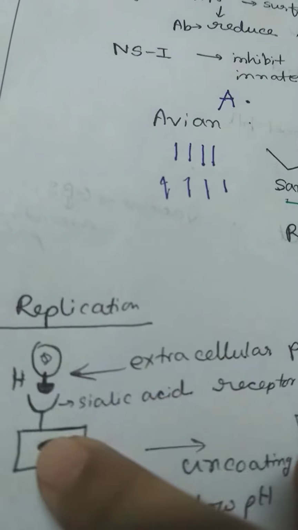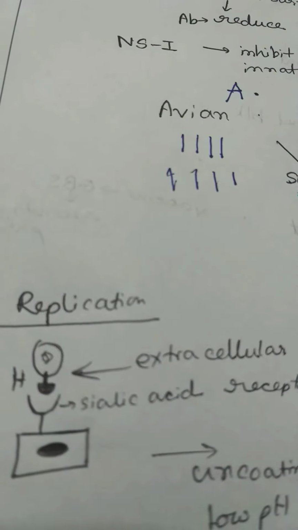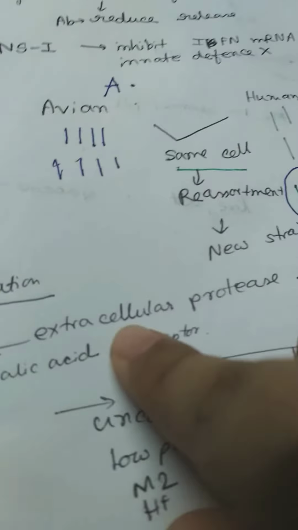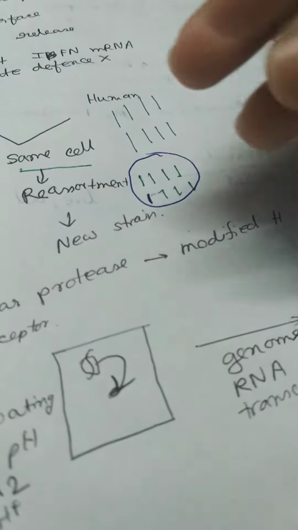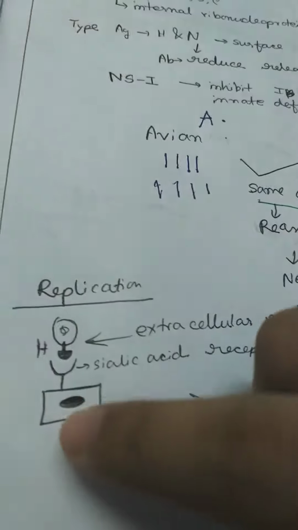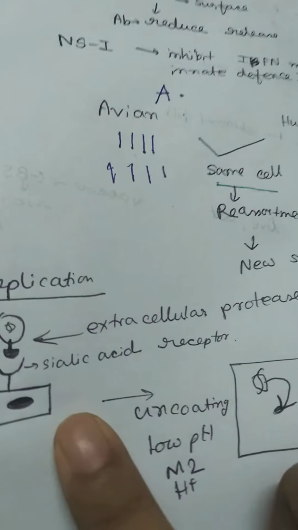The hemagglutinin binds with the sialic acid receptor on the host cell. Actually, this hemagglutinin is cleaved by the extracellular protease of the host cell and is formed into a modified hemagglutinin. This modified hemagglutinin actually binds with the sialic acid receptor of the host cell.